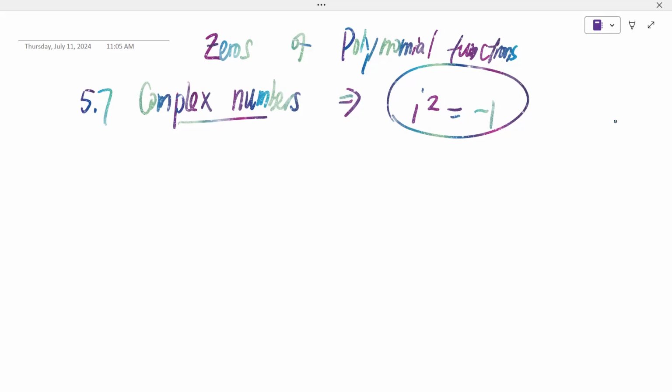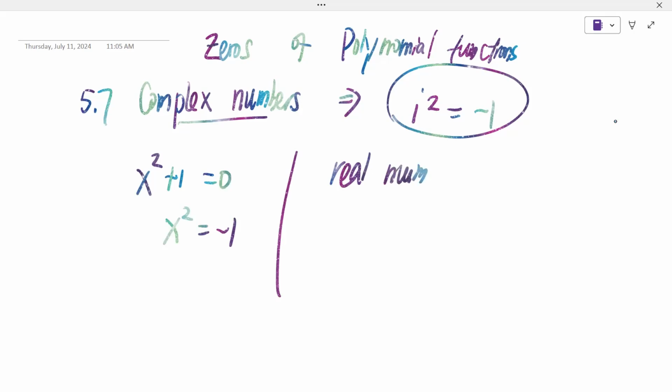So, how this was first developed is coming from this equation, right? Let's say x squared plus 1 equals 0. And we know that if you get x squared by itself, you get -1. And in the real numbers, there's no solution here. We say no real number solution here.